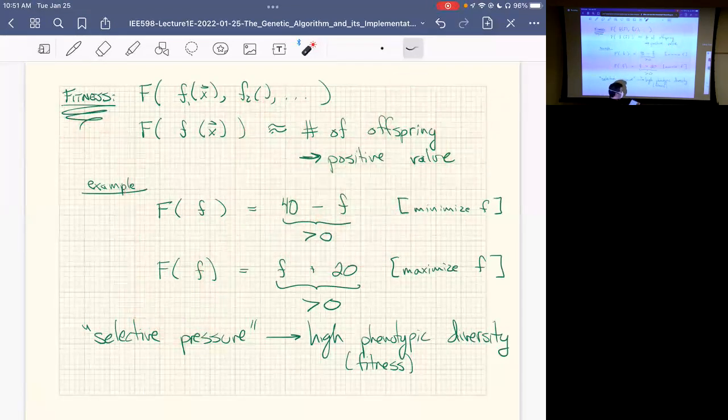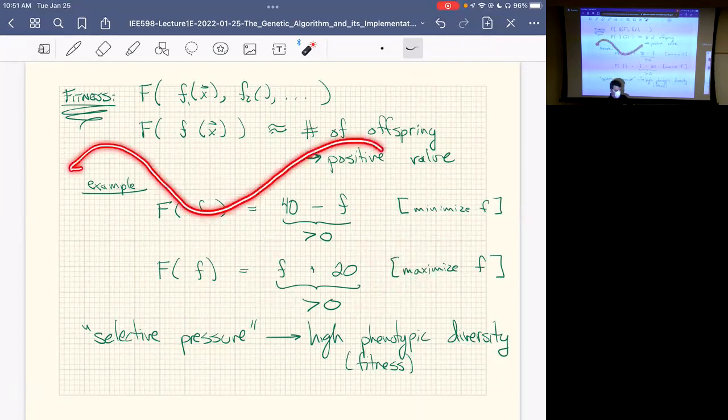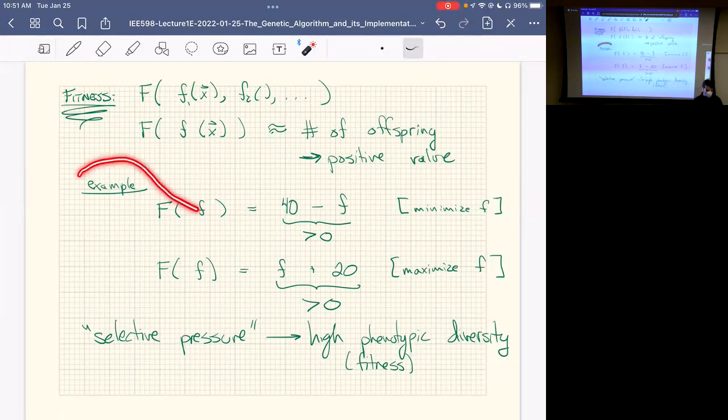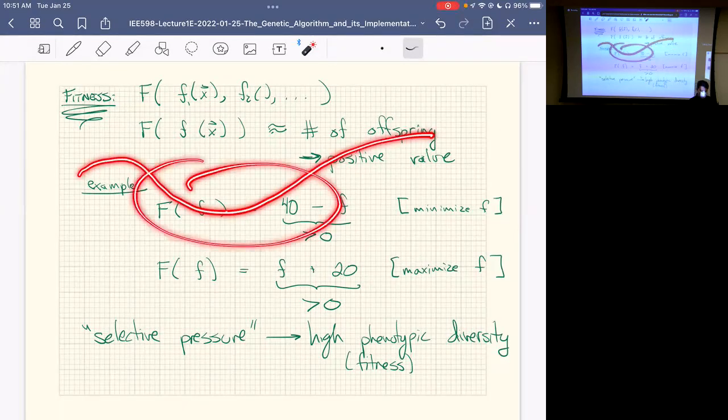So maybe in that case, we need to scale this down. But in other cases where there are a lot of shallow optimum regions, maybe it is okay to crank up the selection pressure so that in these shallow regions, they fine tune to find this lower point down here.